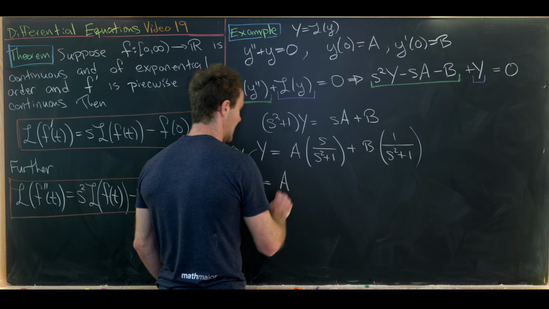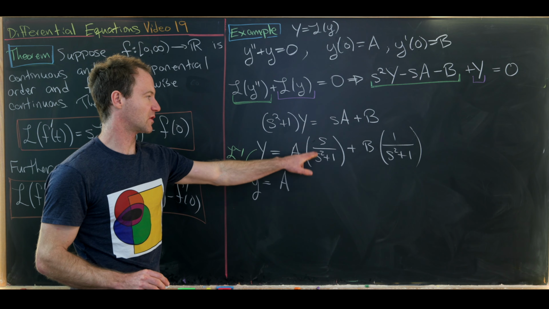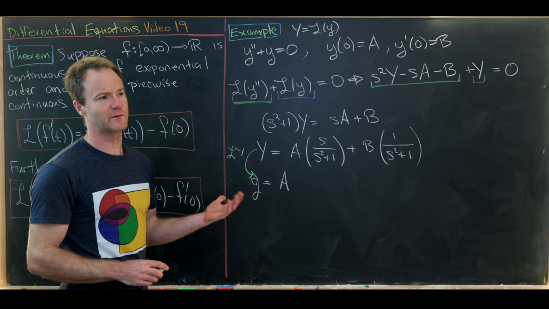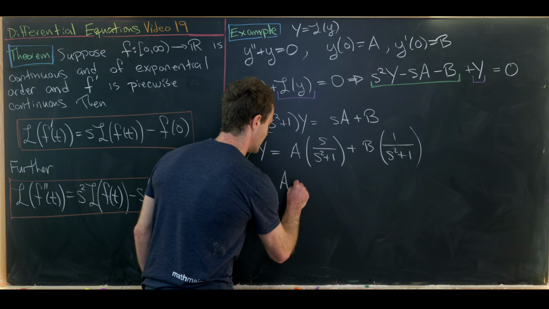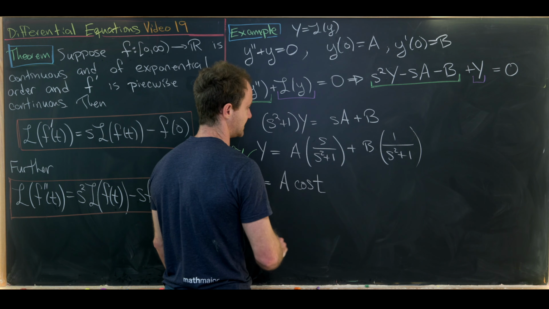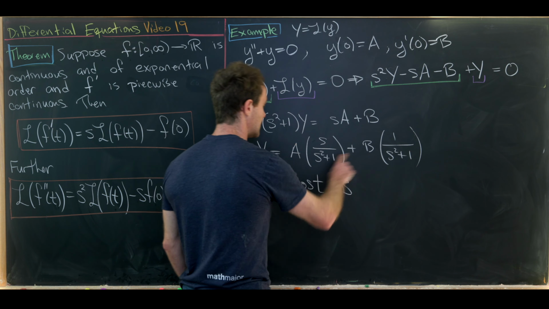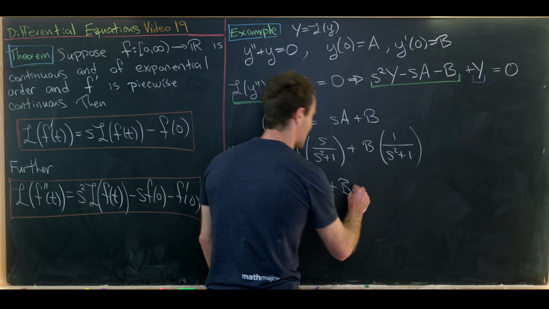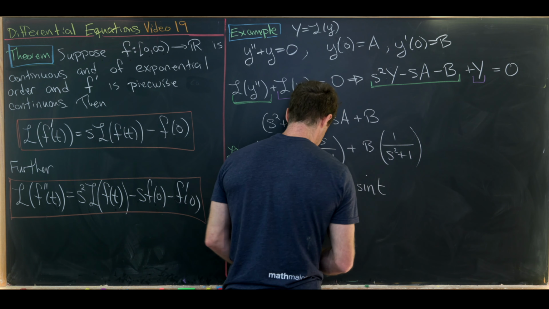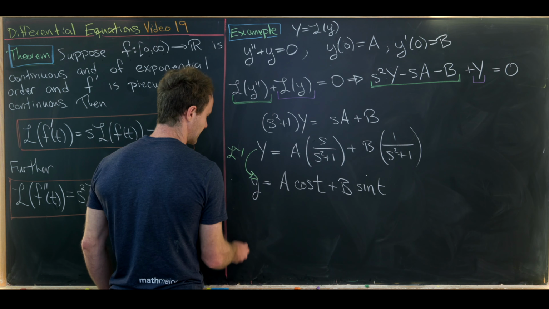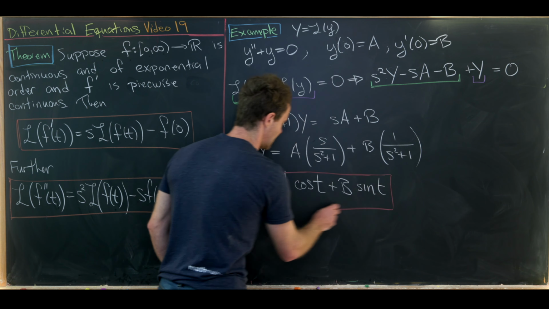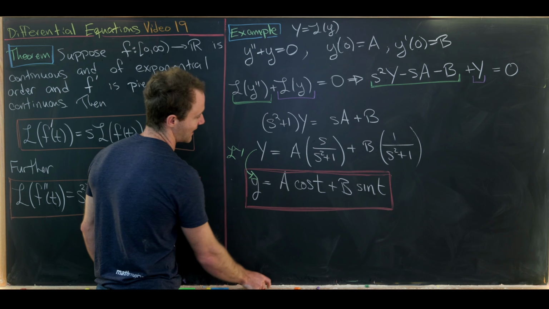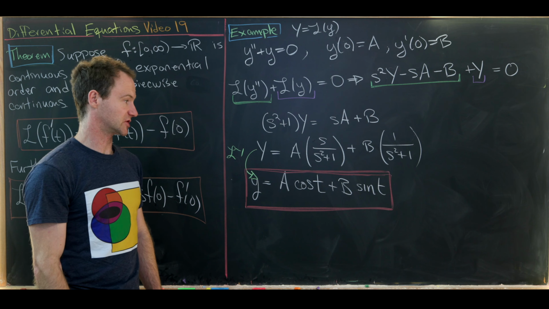Then we'll have A, the inverse Laplace transform of s over s squared plus 1. But again, you can look that up from the chart that we developed previously. That will be the cosine of t. And then we'll have B, the inverse Laplace transform of 1 over s squared plus 1, but that will be the sine of t. And so that gives us our final answer here, which is most definitely in line with what we would have expected from other methods of solving this differential equation.